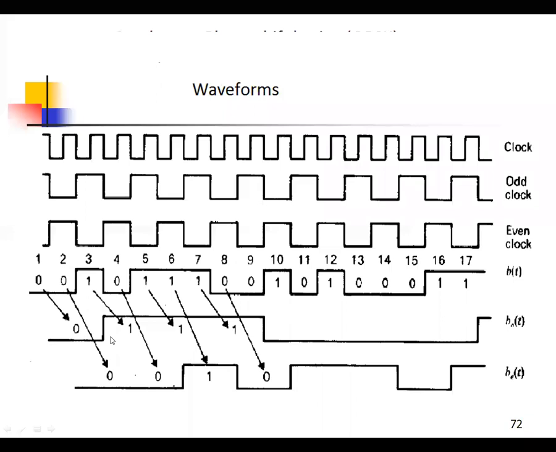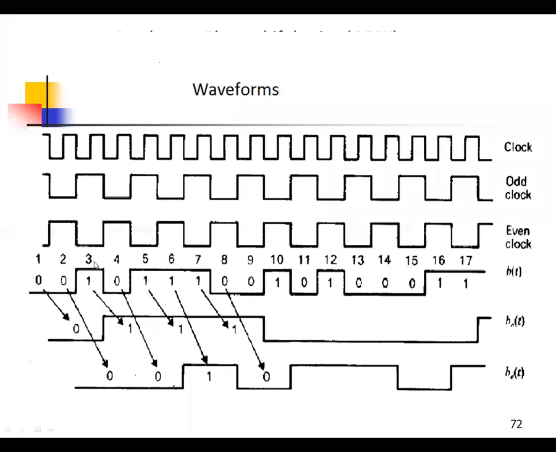When the data signal is given, here 17 bits are taken: 0 0 1 0 1 1 1 0 0 1 0 1 0 0 0 1 1. So students, please practice these waveforms also.